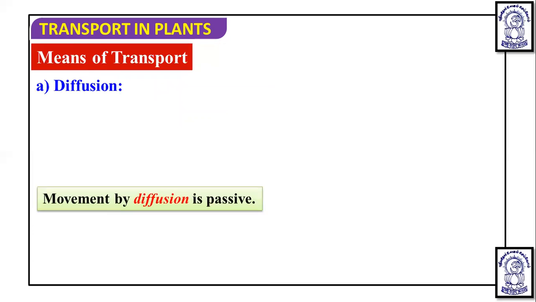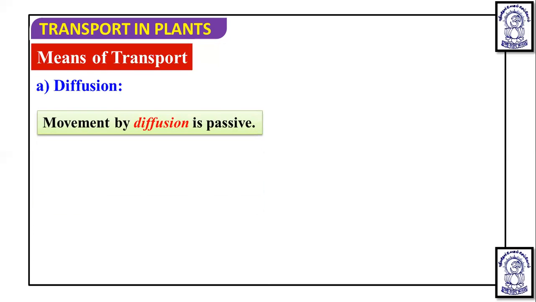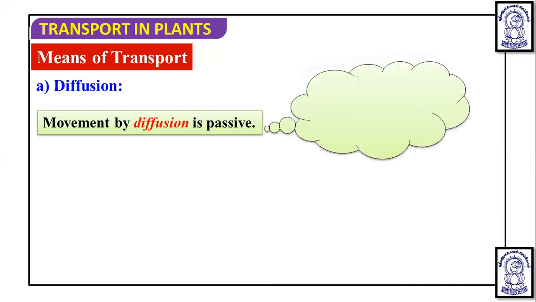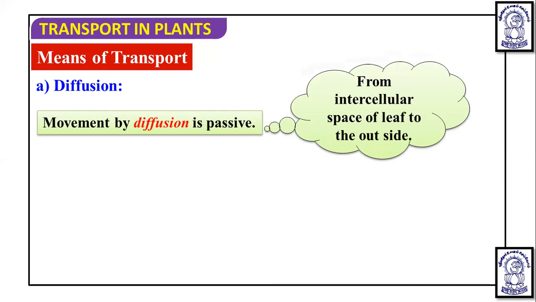a simple diffusion, then the movement by diffusion is passive. Obviously, it is a passive transport, and it may be from one part of the cell to another. It can take place within a cell, or from intercellular spaces of a leaf to the outside.